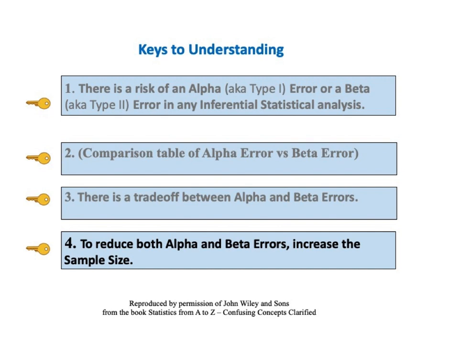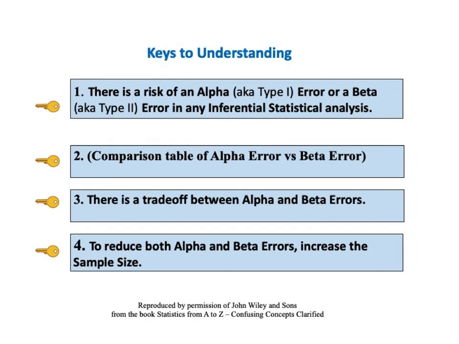Key to understanding number 4 says to reduce both alpha and beta errors, increase the sample size. And here on one page are all 4 keys to understanding the types, uses, and interrelationships of statistical errors. You may wish to pause the video at this point and read them all together.